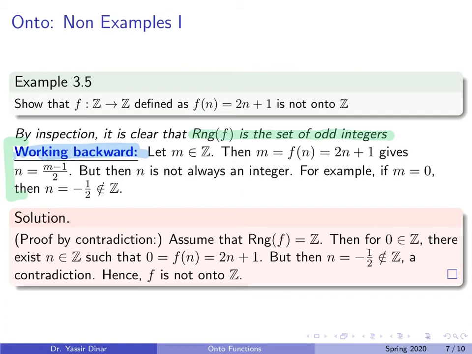So I can assume that the range of f is equal to Z, and instead of taking 0, take any other even number, for example minus 2, and set minus 2 equal to f of n equal to 2n plus 1. That means n is equal to minus 3 over 2, which is not an integer, and this gives me a contradiction. However, working backward can give you a solution for complicated functions.